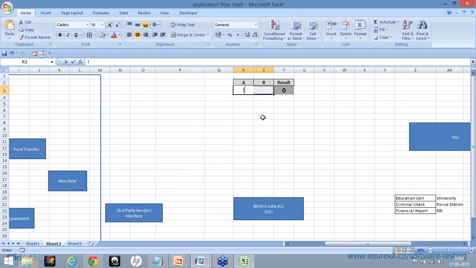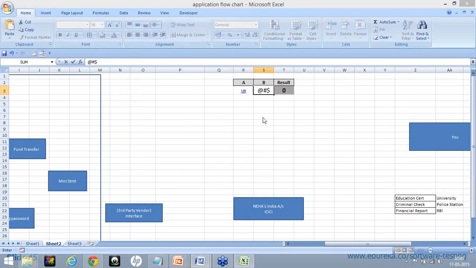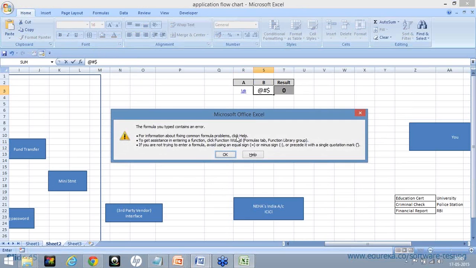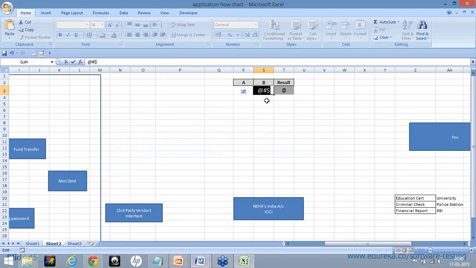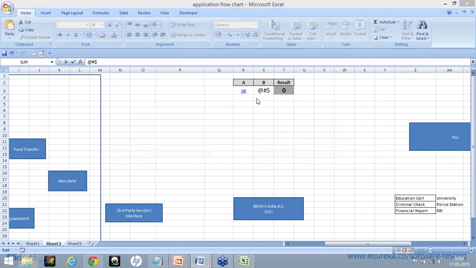So this is one character, and now it is showing something: the formula you type contains an error. This is a system defined error, which means the system is broken. Now you can go tell the developer, boss, whatever you have developed, when I enter this character, it is not moving out. The system is not doing anything, so please fix the error.